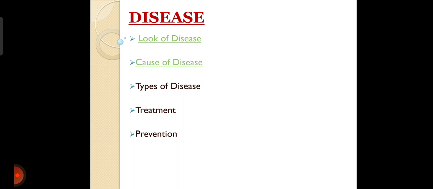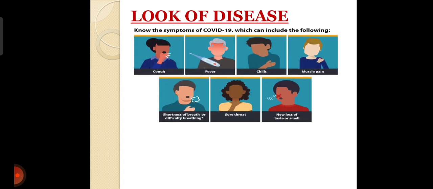Now we will look at the different steps for the disease. First, we will look at the symptoms of the disease. Know the symptoms of COVID, which can include coughing, fever, chills, muscle pain, shortness of breath, sore throat, and new loss of taste or smell.